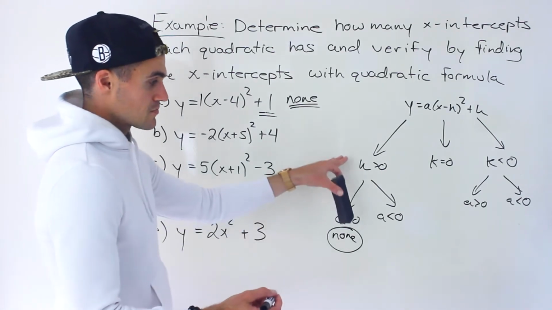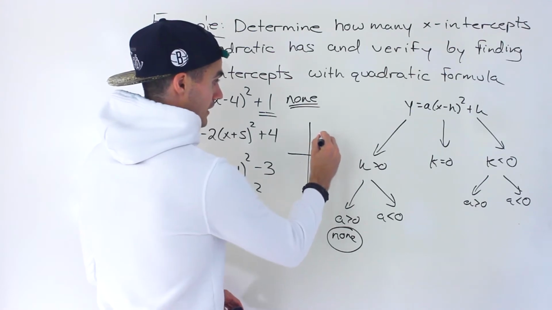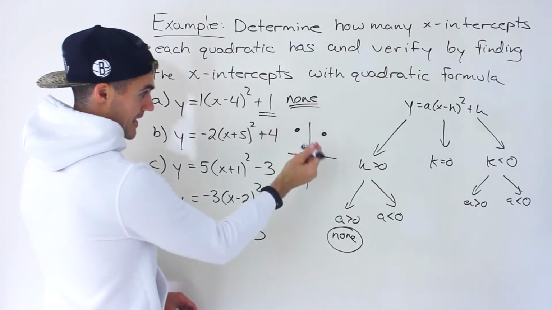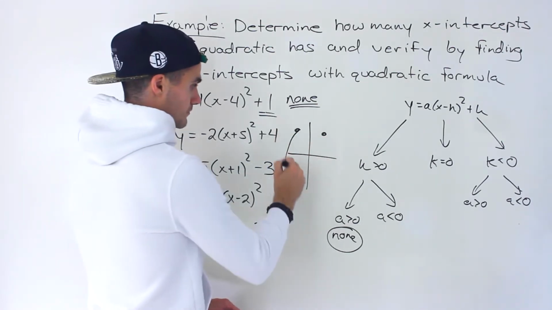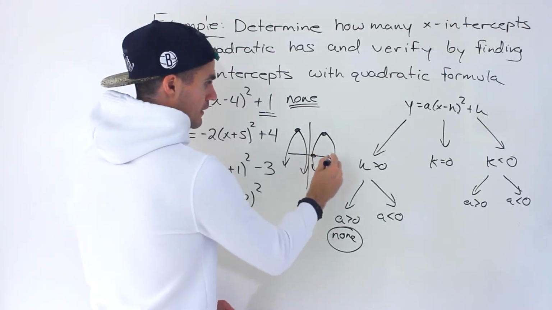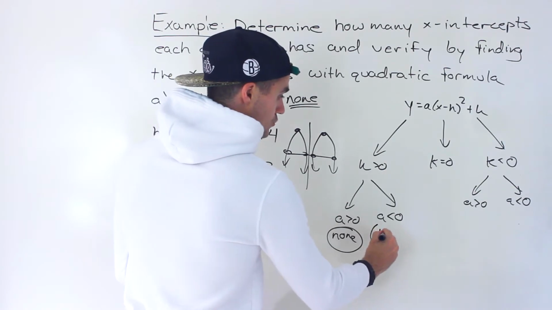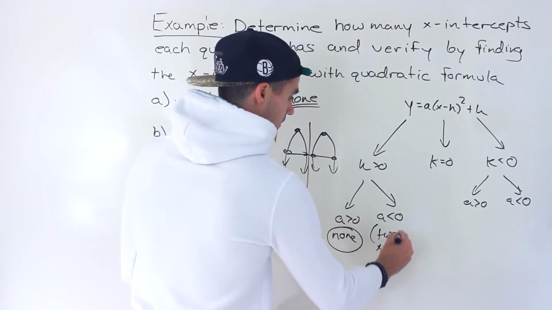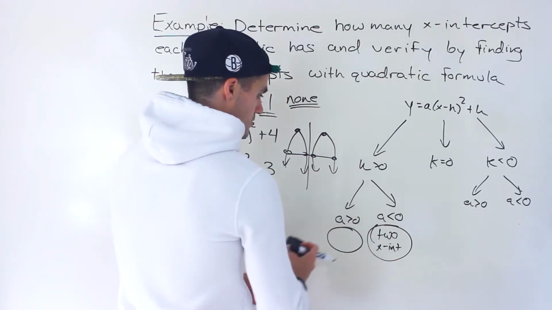If the k value is positive and the quadratic opens down, so the vertex is somewhere above the x-axis, where the y value of the vertex is positive, and the quadratic opens down, then we know in any of those cases there are going to be 2 x-intercepts.